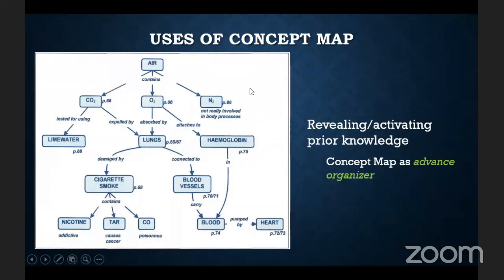You want to repeat this in a very short time, so you can use this concept map and do it very easily. Here I would say that air contains oxygen, oxygen is absorbed by the lungs, air contains carbon dioxide and nitrogen also, and carbon dioxide is expelled by the lungs.